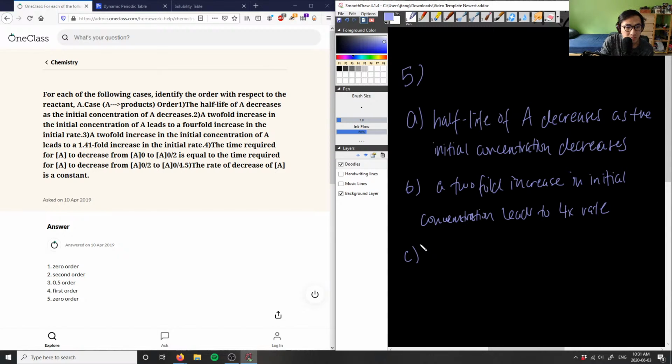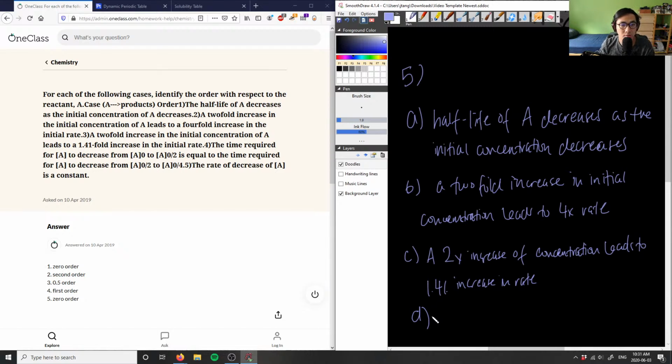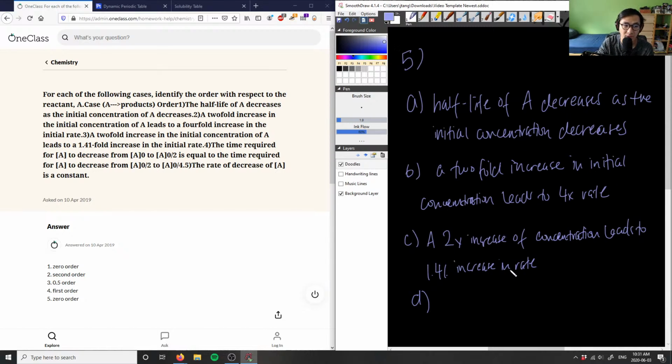C: a 2 times increase of concentration leads to a 1.41 increase in rate. And D: the time required for A to decrease from A0 to A0/2 is equal to the time required for A to decrease from A0 to A0/4. The rate of decrease of A is constant.